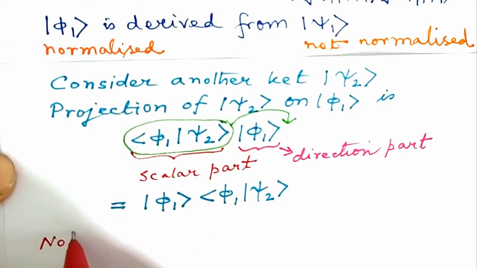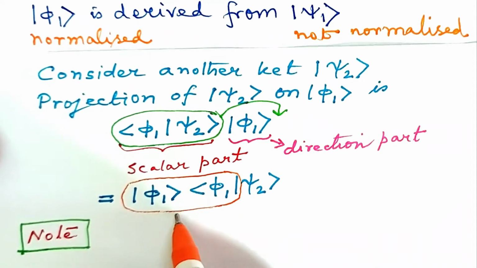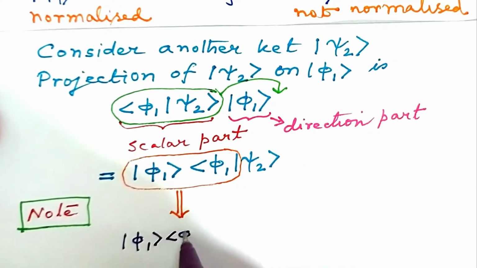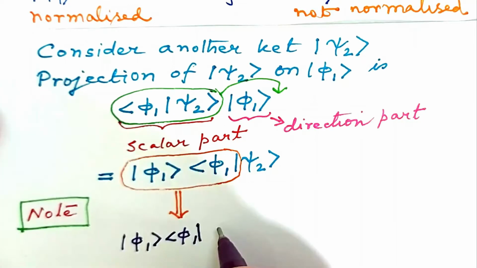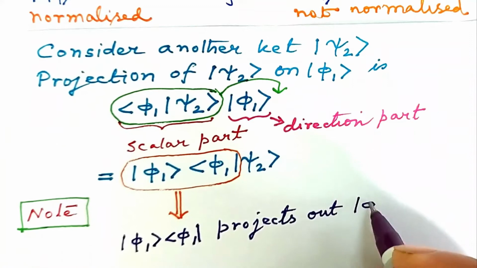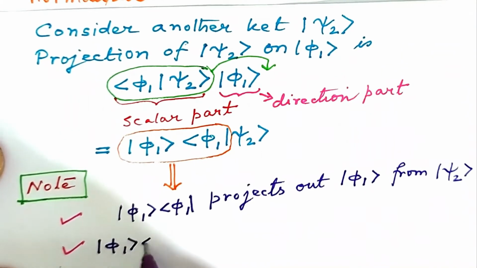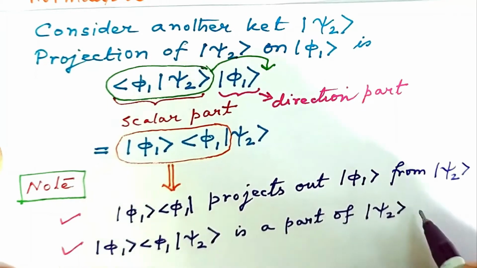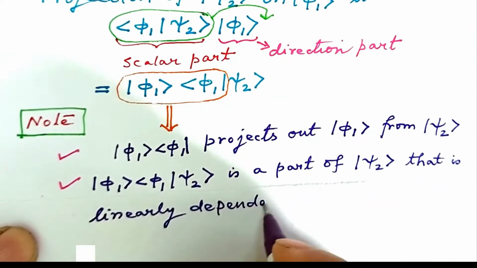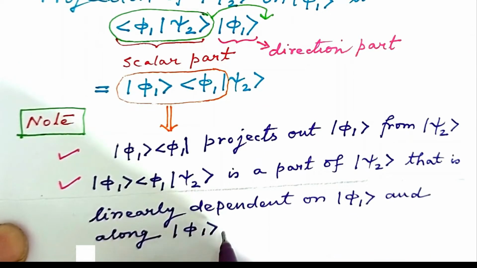Let us note the importance of this part, ket phi 1 bra phi 1, which is an operator. We shall show in the next video that it projects out ket phi 1 from ket psi 2. This portion is a part of ket psi 2 that is linearly dependent on ket phi 1 and is along ket phi 1.